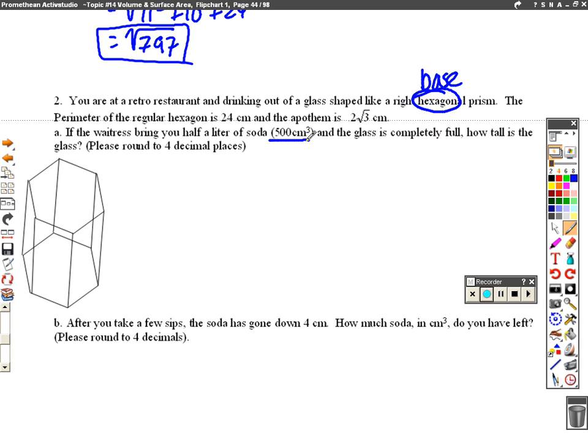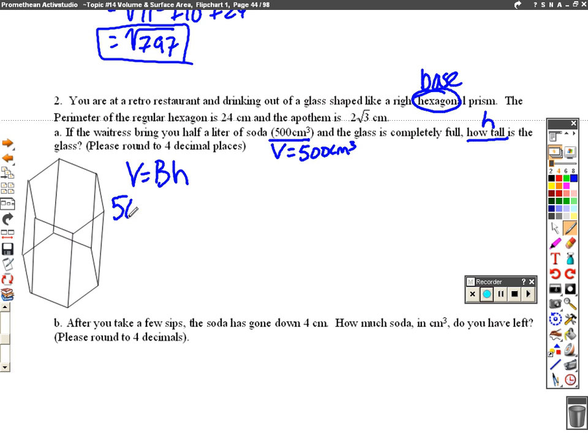So basically, what's happened here is they have given you the volume of the glass, which is 500 centimeters cubed. So we're going to use the volume formula, which we just wrote above, B times H, to solve for the height of the glass, which is how tall it is.